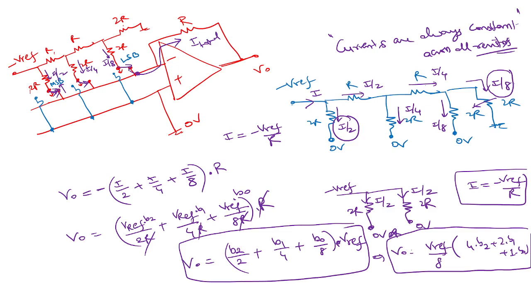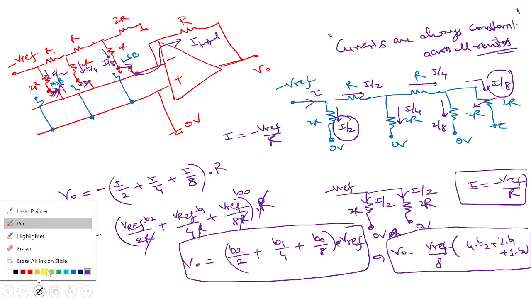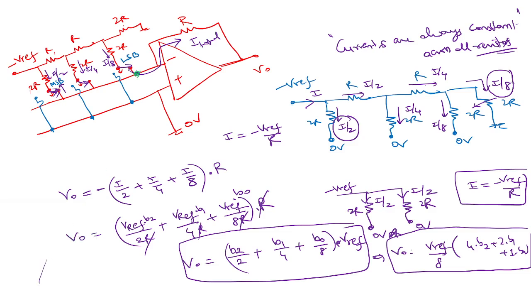So here the clue point is whether you give it to the inverting terminal or the non-inverting terminal, since it is a negative feedback, it is a virtual short. Since these voltages are maintained irrespective of any switch position, that's where the current is going to be constant.